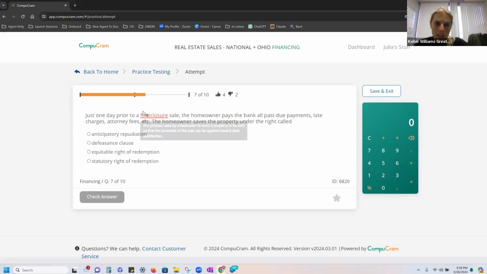Okay. Just 1 day prior to a foreclosure sale, the homeowner pays the bank all past due payments, late charges, attorney fees, etc. The homeowner saves the property under the right called A, anticipatory repudiation, B, defense clause, C, equitable right of redemption, or D, statutory right of redemption.